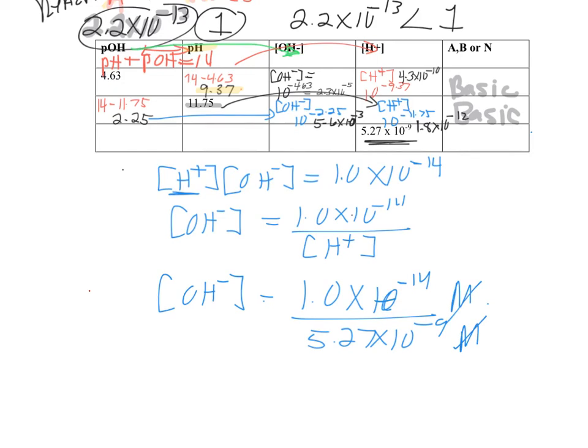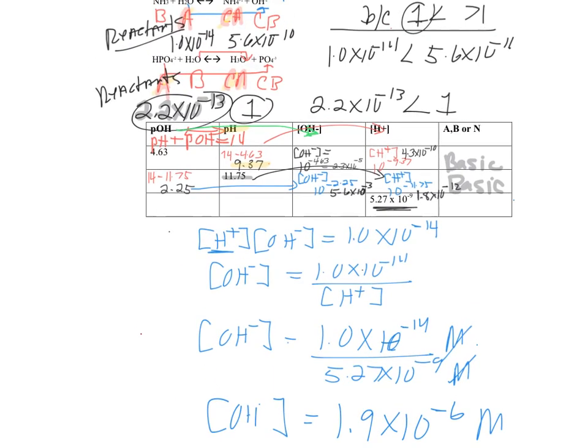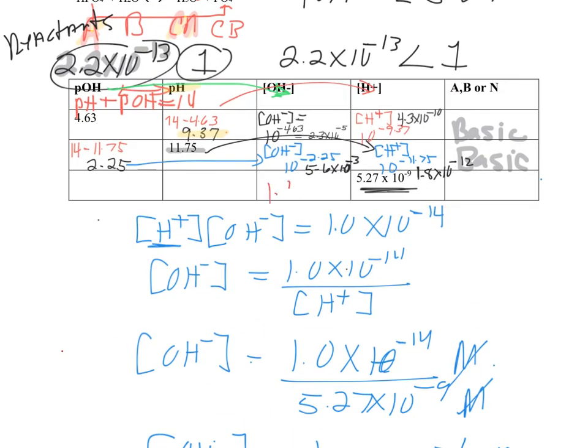So basically I'm going to divide 1 exponent negative 14 by 5.27 exponent negative 9, and I'm going to get a hydroxide ion concentration of 1.9 times 10 to the negative 6 molarity. So I'm going to put that answer here.